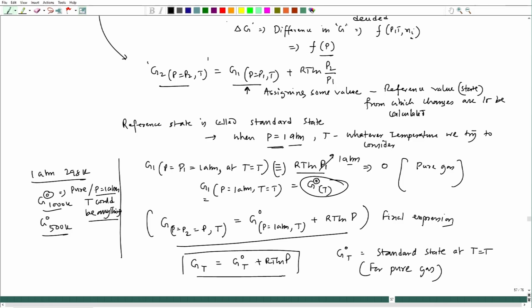Temperature could be anything, and it is basically the temperature where we are trying to measure the difference in value of that particular free energy.